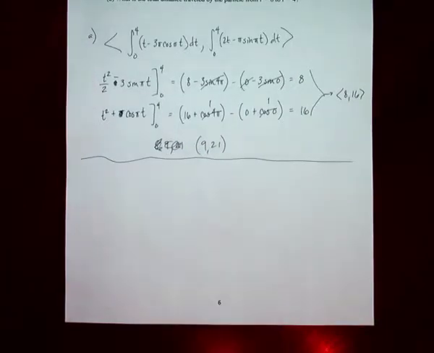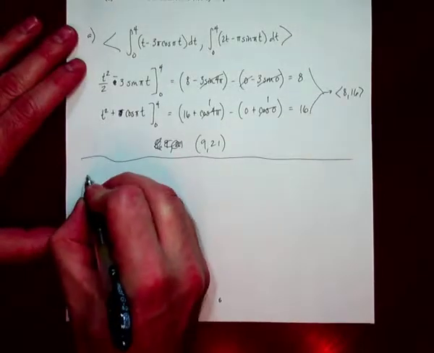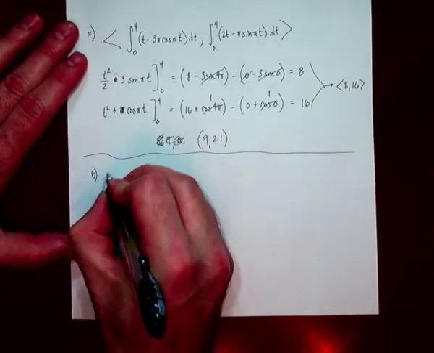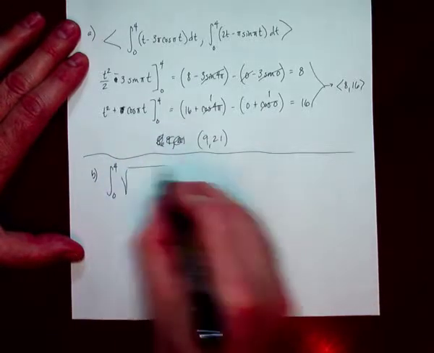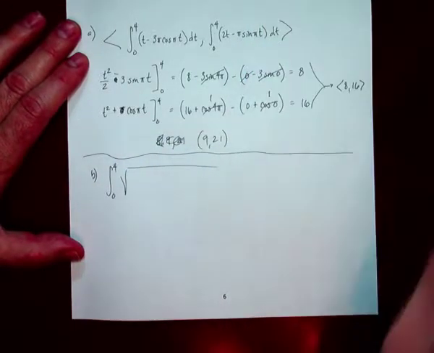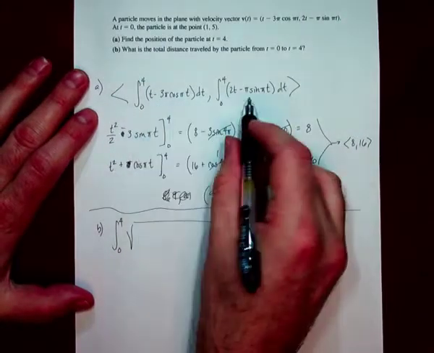Now, what is the total distance traveled by the particle from 0 to 4? Well, that winds up being a little bit nastier, right? Because we're going to be using our arc length. And these are not simple expressions, right? Neither of these is a simple expression.